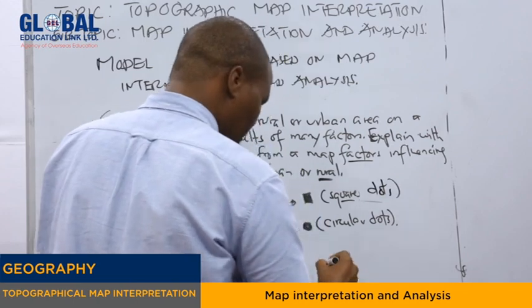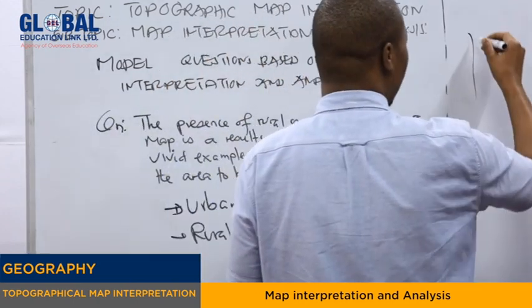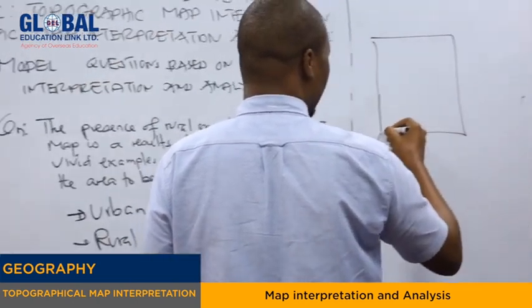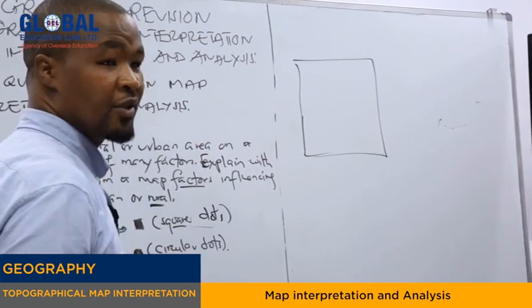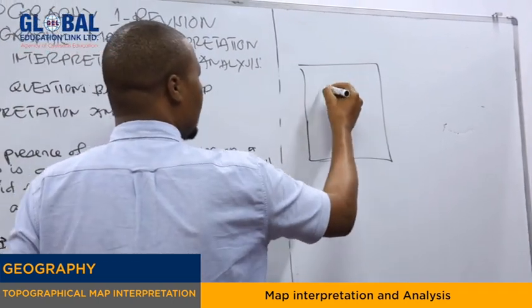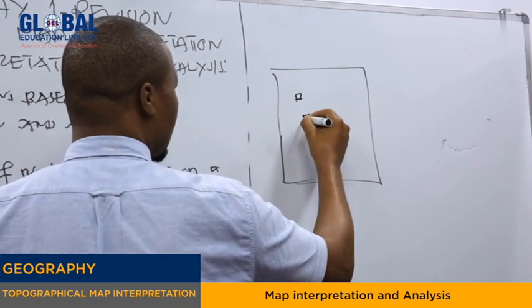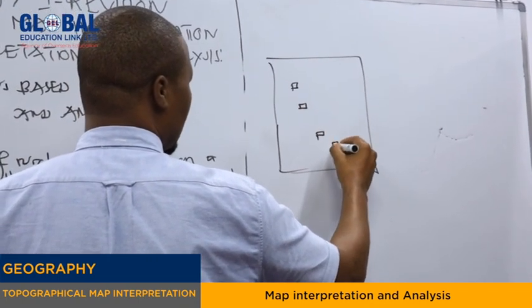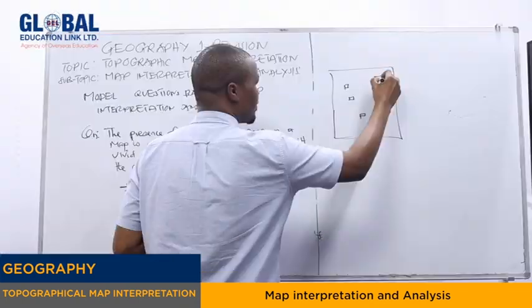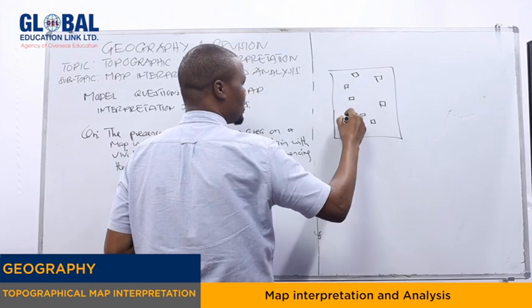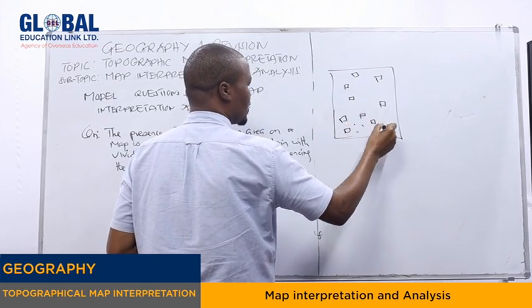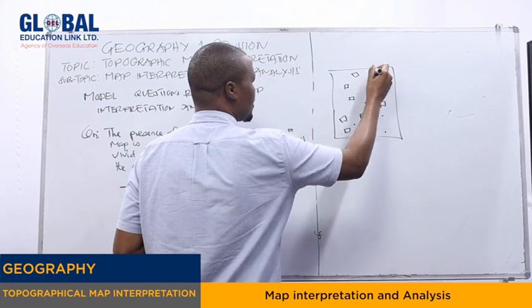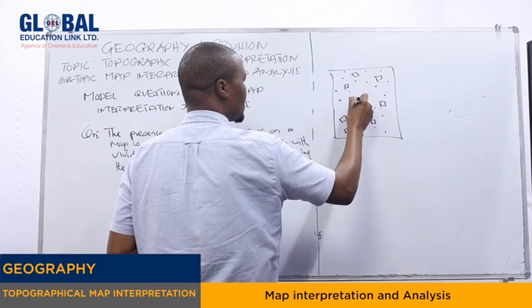Sometimes you may find, for instance, let me give an example. Let's say this is a map sheet. And then we have different small dots, circular dots mixed with square dots.